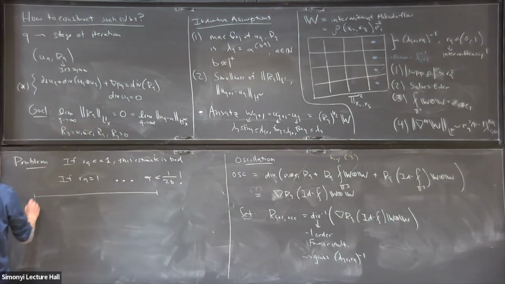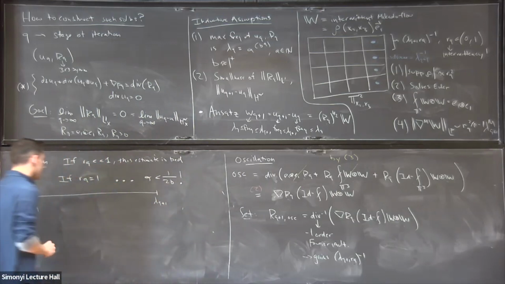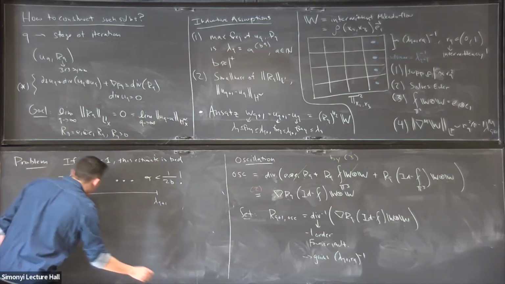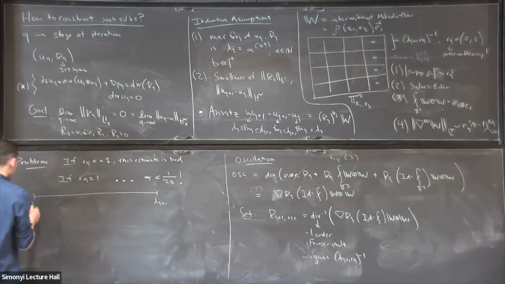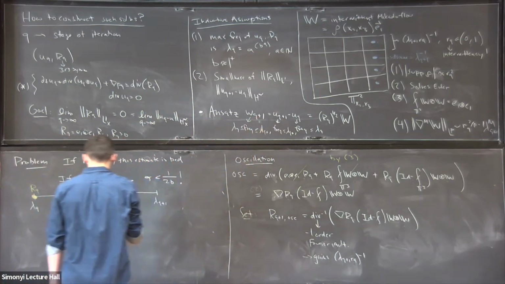All right, so let's say here's frequency lambda_q, and here's frequency lambda_{q+1}. And I have R_q living here. What I've done is I've added this velocity increment.